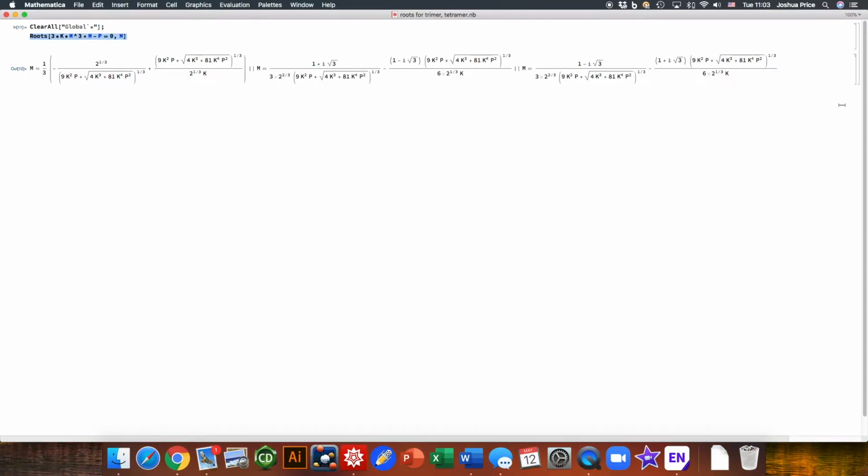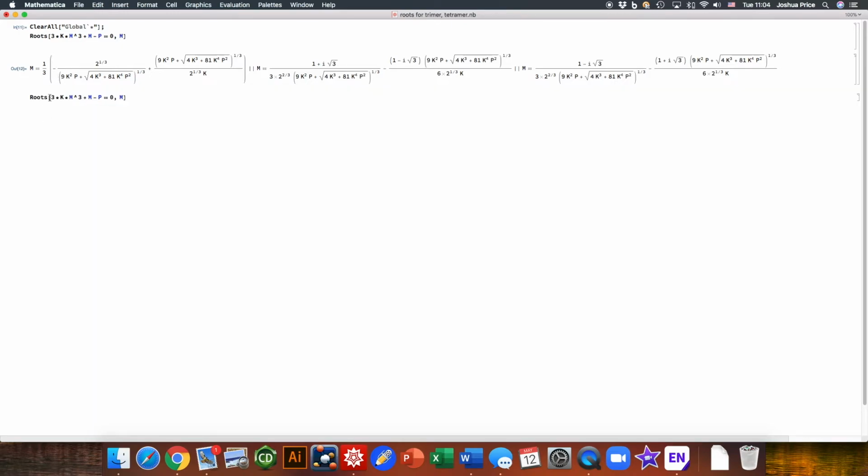All right, now that we've got an expression for fraction folded for a monomer-tetramer equilibrium in terms of total peptide concentration, equilibrium constant, and monomer concentration, we're going to try to solve the polynomial that we got from the tetramer equilibrium and find the roots of it that will allow us to figure out what the monomer concentration is.